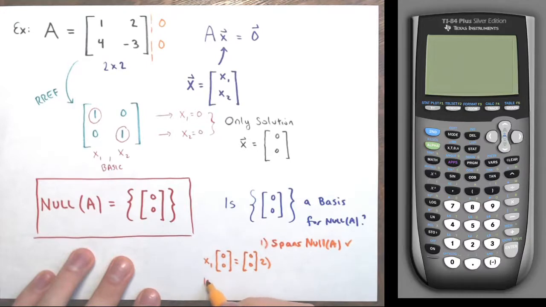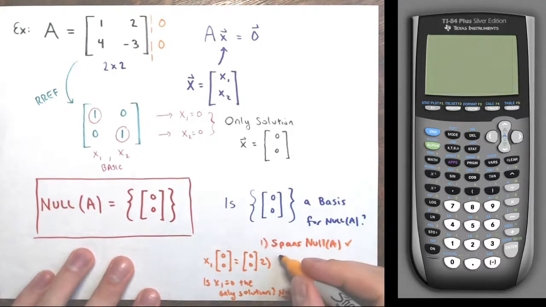Is x1 equals 0 the only solution? The answer is no. You could replace x1 with anything, 2, 3, 5, and it would still give me the 0 vector. So this set is linearly dependent, not independent. All right, so that's bad. So the answer to this question is no.